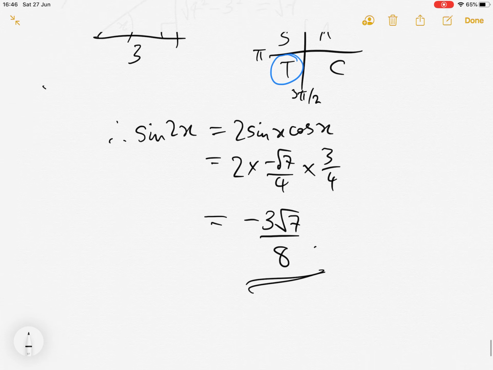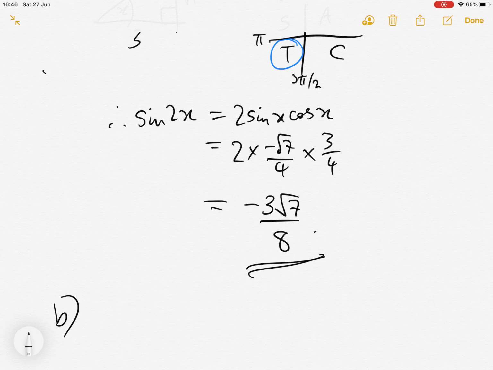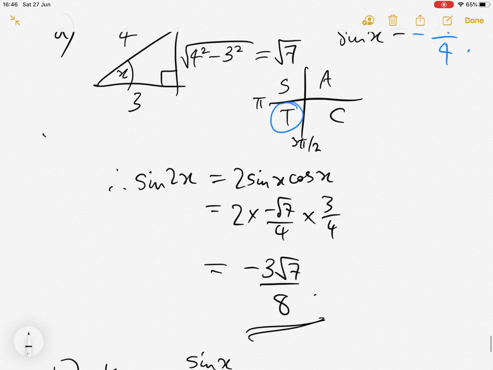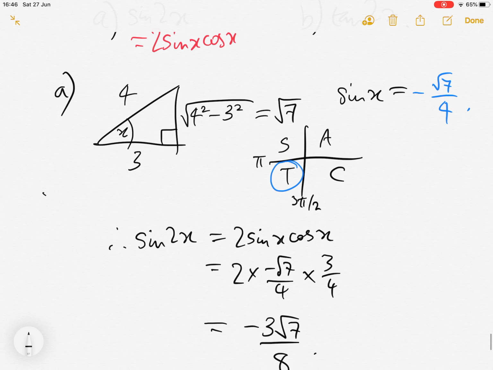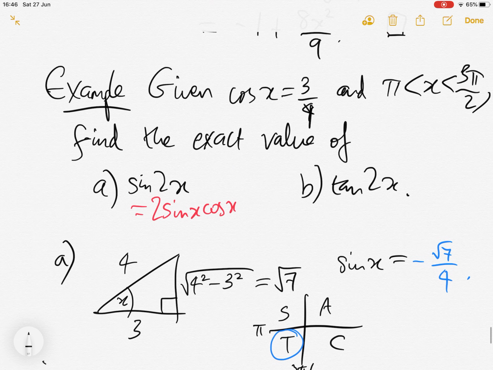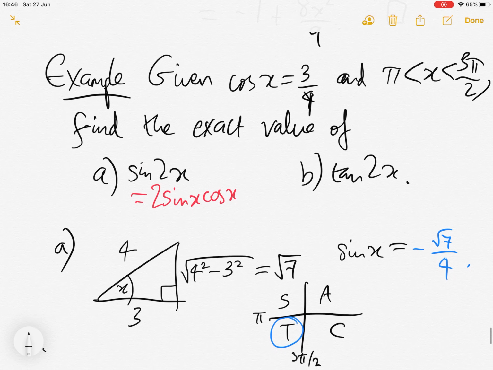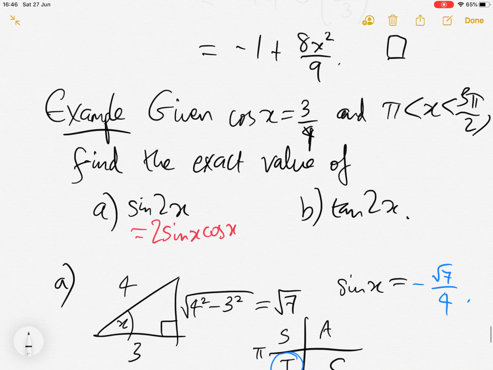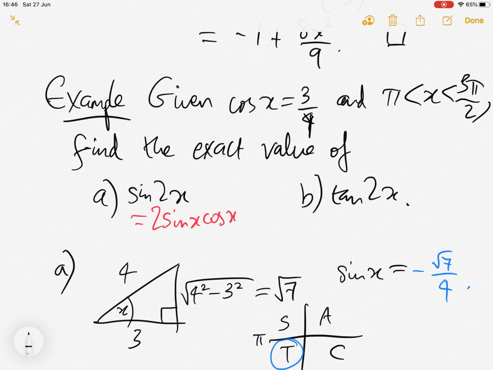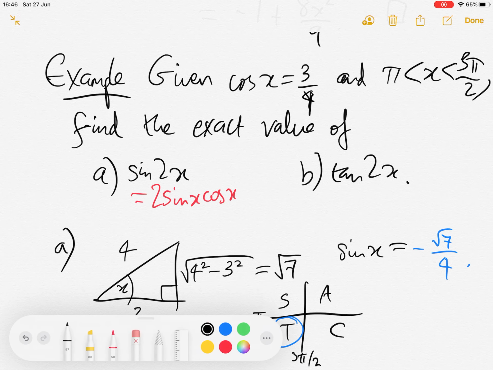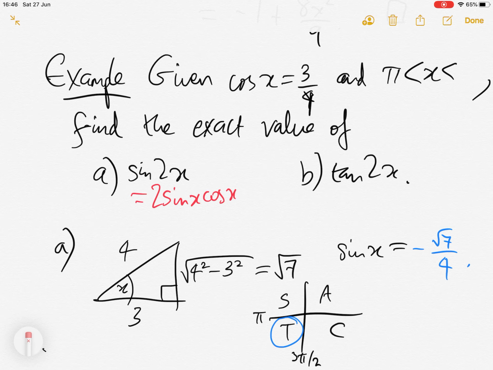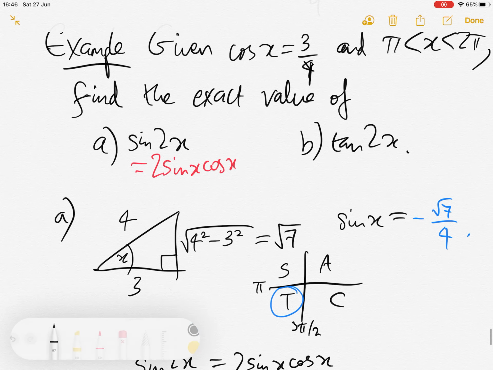And then we'll do tan 2x. So now tan x is sine x over cos x, which is... sorry, there's a mistake. It was not supposed to be 3 pi by 2, it was supposed to be 2 pi, which actually doesn't work, because obviously cos would be negative if we were in that quadrant.